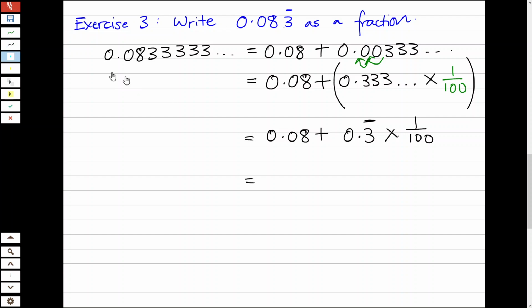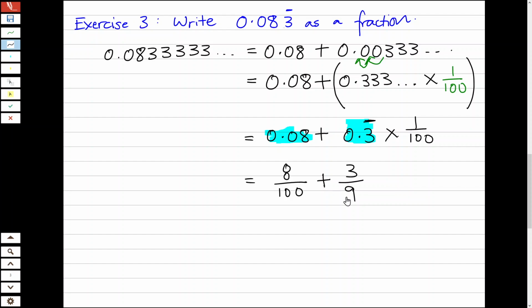And if you look carefully here, we've got two things that we can convert to fractions. What's the first one as a fraction? 0.08 is 8 over 100. Plus 3 over 900. So if you only have one digit recurring, it's a fraction out of 9.